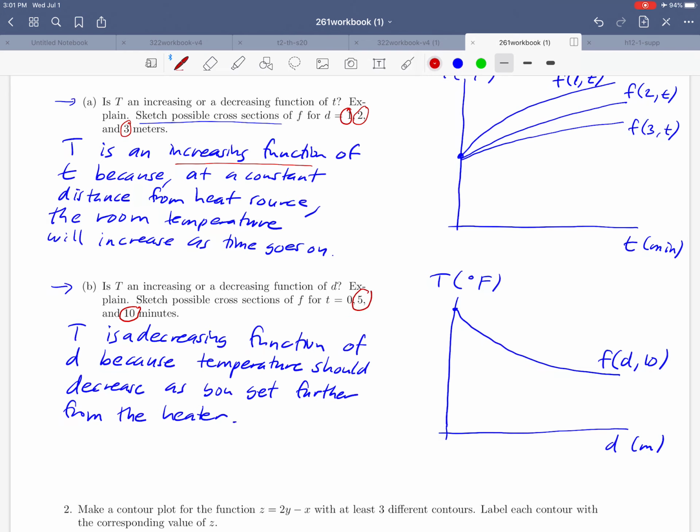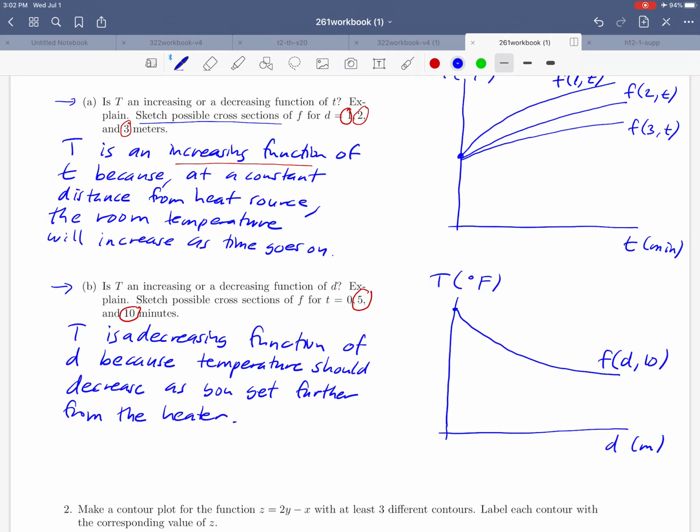All right, and then moving on to a constant time value of 5. So what if we were sitting in the room 5 minutes after the heater is turned on? We still know that the temperature is going to decrease as you move away from the heater, but how would this cross section compare to the one that we just drew?